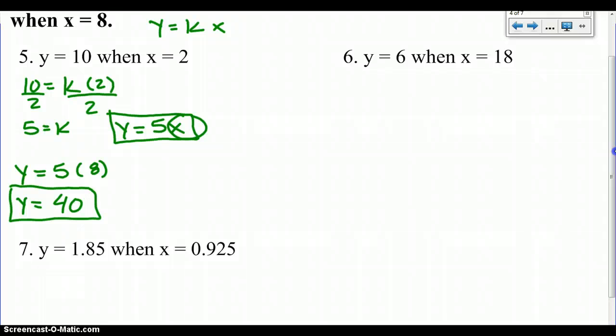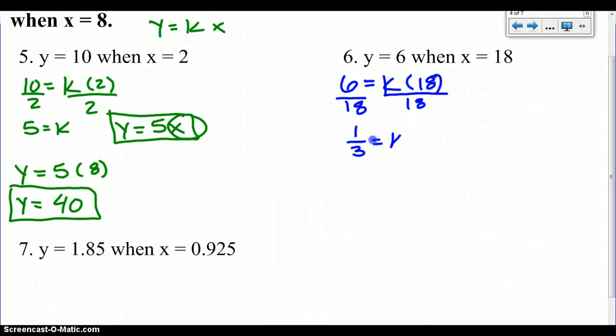Okay, let's do number 6 together. We use this form again, y equals kx. So let's just plug in our numbers. We have 6 is equal to, we don't know our k, and our x is 18. To get k by itself, we divide by 18. And 6 over 18, hopefully you noticed, 6 goes into 18 3 times, so 1/3 is equal to k.